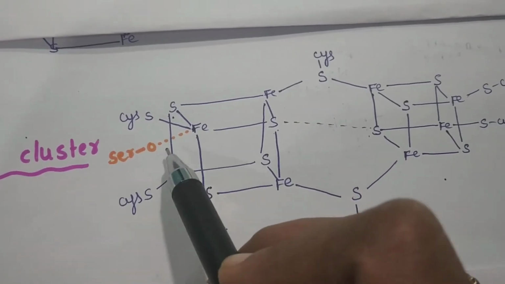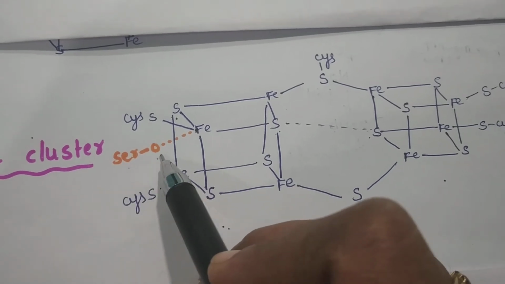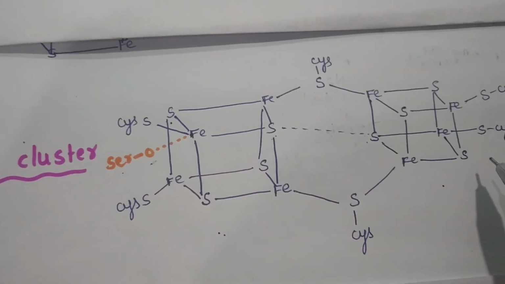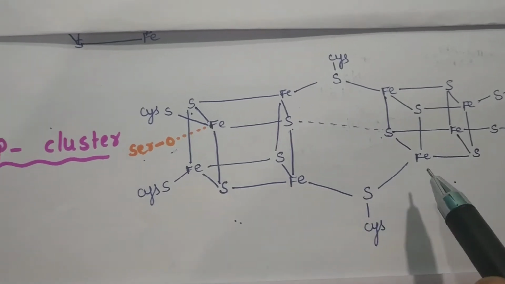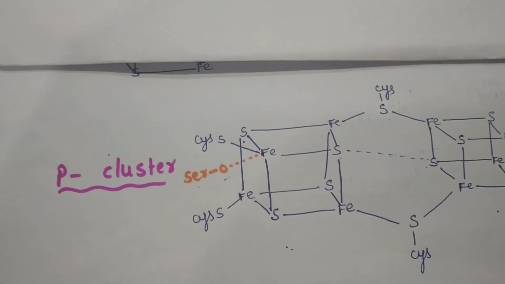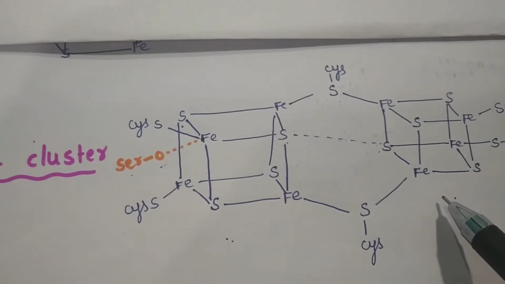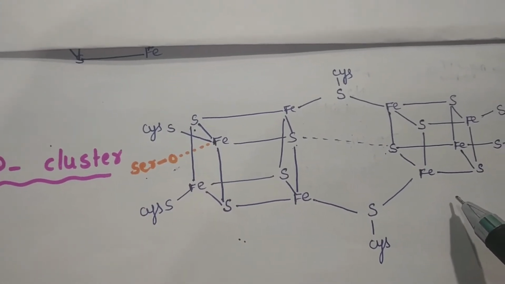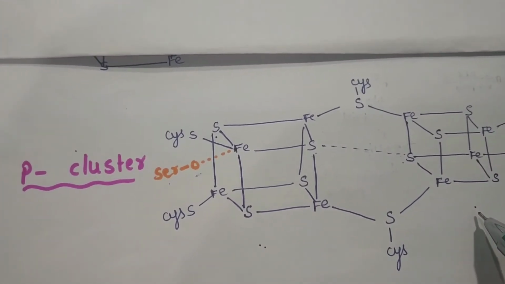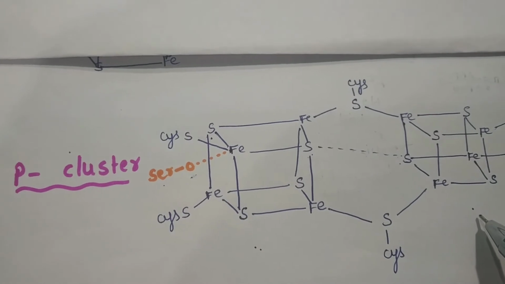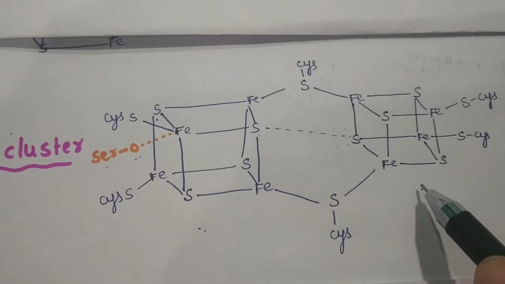Only one iron is attached to serine oxygen. So these are two molecules of Fe4S4, and the P cluster transfers electrons between the Fe protein and the MoFe protein. This is the use of the P cluster. This is a small protein.